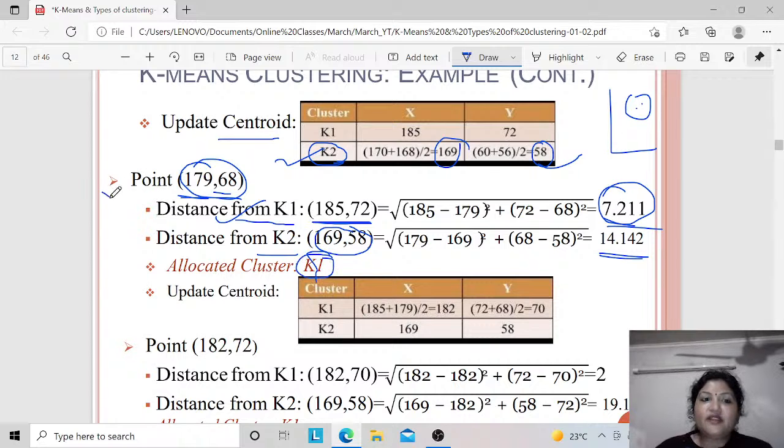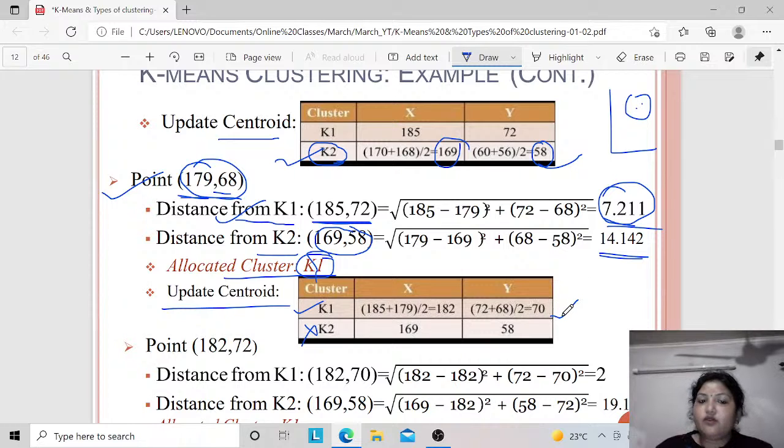Now this point will be allocated to cluster 1, and now for my centroid value, I need not touch cluster 2, I have to only touch cluster 1. And what I am going to do, again the same procedure: 179 plus 185 divided by 2, 68 plus 72 divided by 2, right?